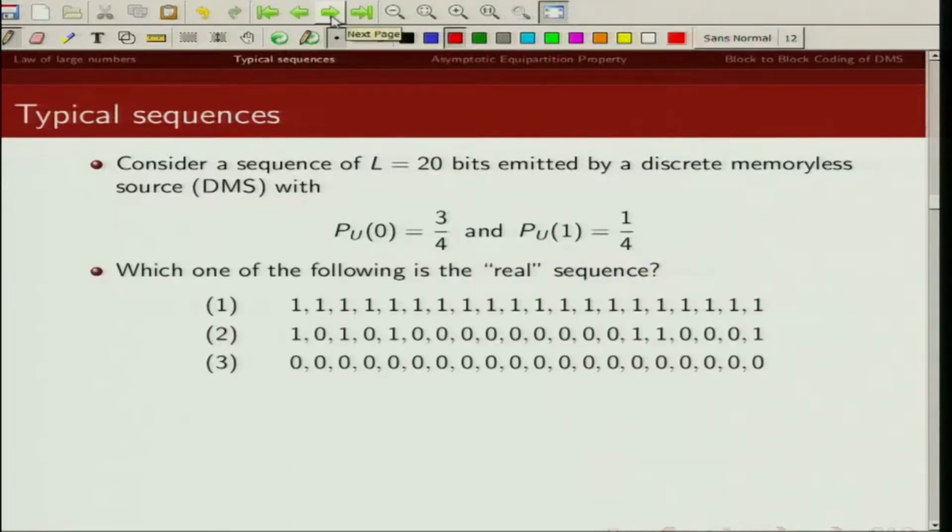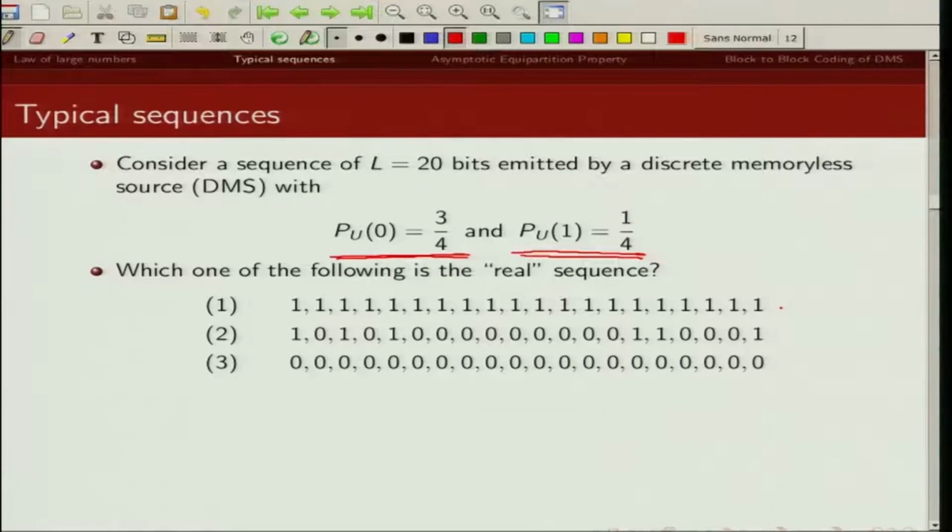Now, my question to you is, which of these three sequences is more likely to have come out from this discrete memoryless source, which emits 0 with probability 3 by 4 and 1 with probability 1 by 4?